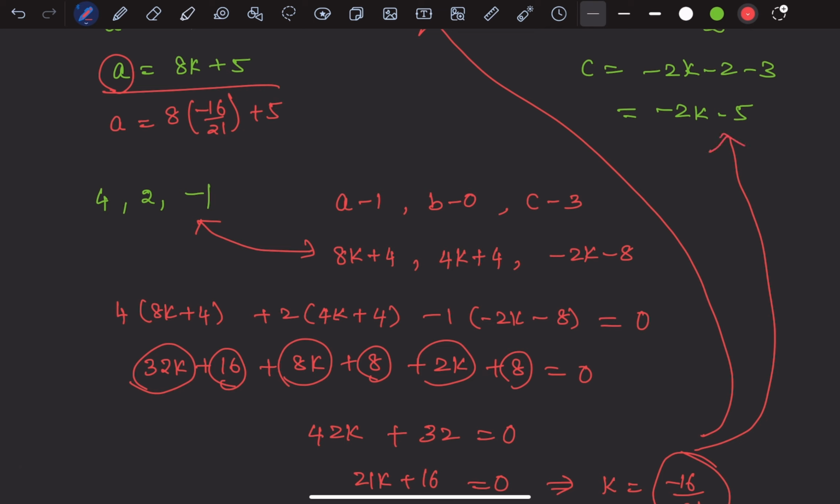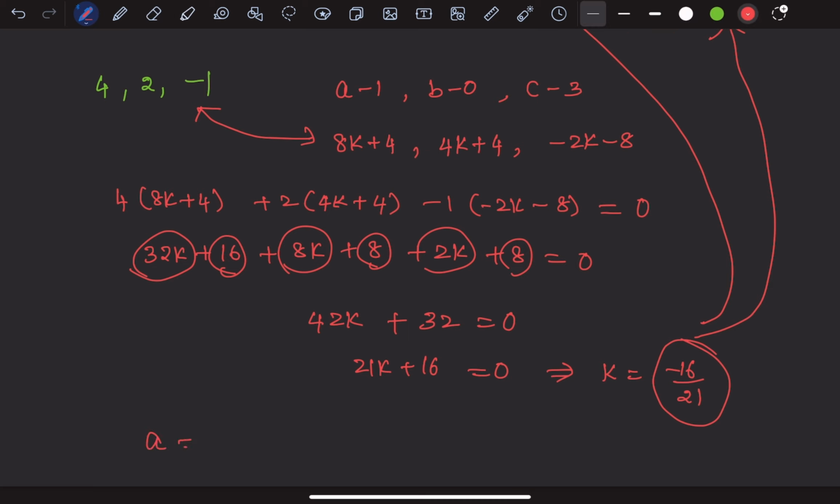This is how you should solve this question. And when you substitute the value of k in each one of them, you will get a is equals to minus 23 by 21, b is equals to minus 1 by 21 and c is equal to minus 31 by 21.